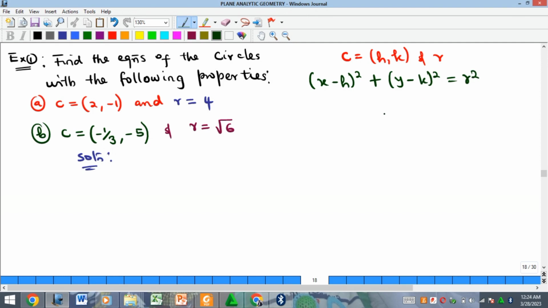So the implication is that if you are given the center and the radius of your circle, you can actually form the equation of that circle.